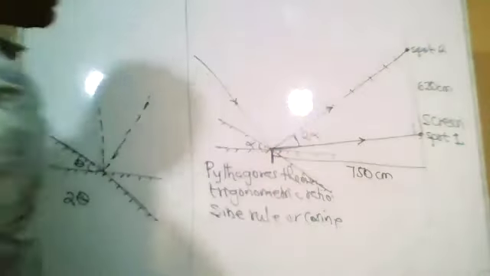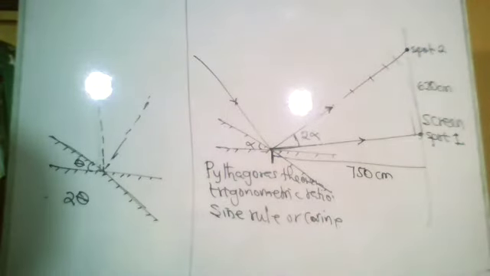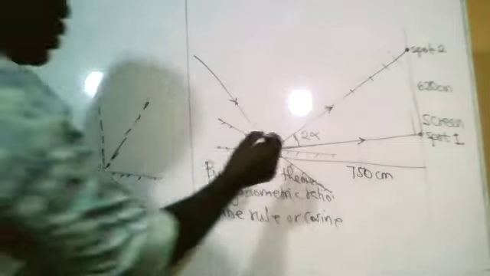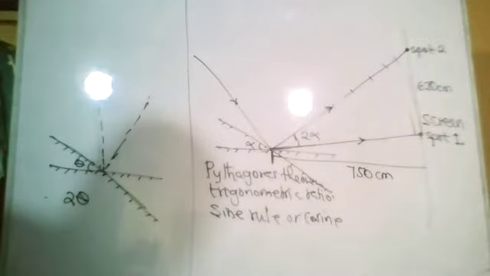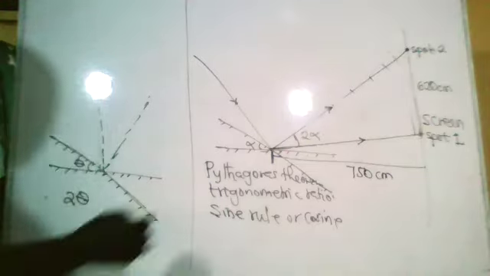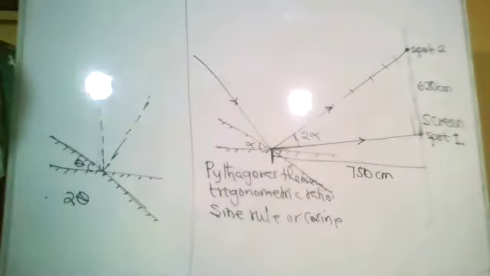This angle is what we are asked to determine. Is that okay? So we know this side of the triangle, we know the vertical side of the triangle, and we are to determine this.